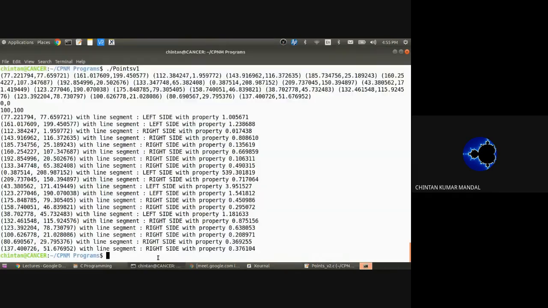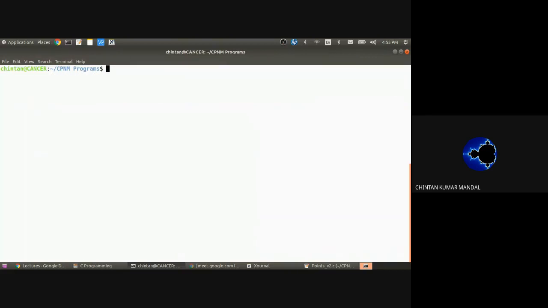So if I give a clear, then gcc -o points_v2 points_v2 -lm.